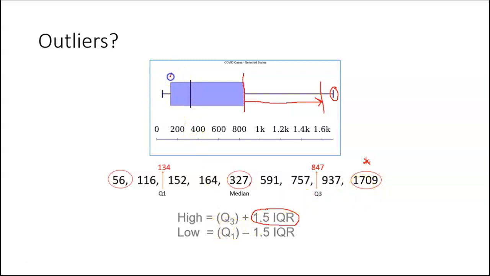Or if we take the first quartile, in our case that 134, and subtract 1.5 times the interquartile range, if we got a number that was not as low as, say, 56, then the 56 could be an outlier. In other words, this is going to produce sort of a low and a high boundary. And if any of our numbers fall less than the low side or more than the greater side, then and only then are they officially outliers.